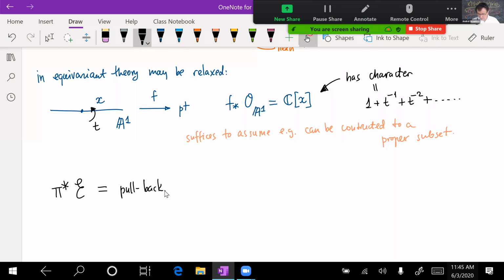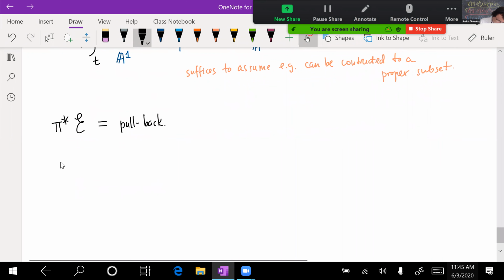This is a projection. You have a sheaf on the base, and you just pull it back to the total space of the projection. So that's not so complicated.